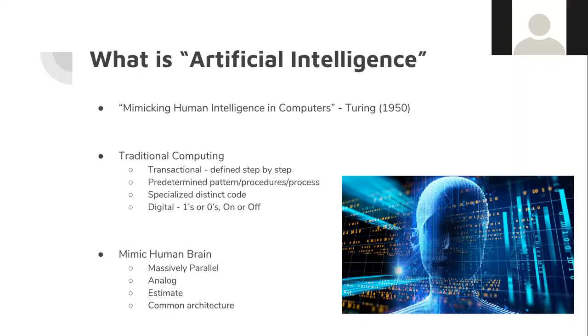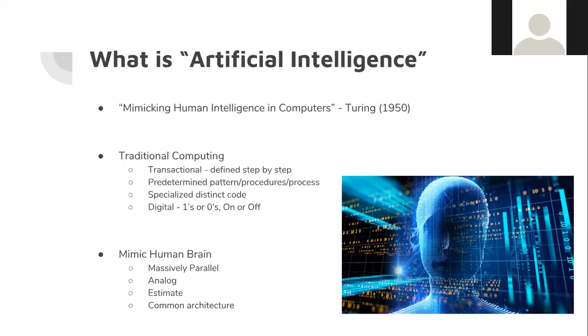You talked with the business. You looked at nature. You said, okay, this is how things work. I'm going to write a program to mimic that, and very distinct code for each one. And all your data is stored with ones or zeros, on or off. Discrete mathematics.